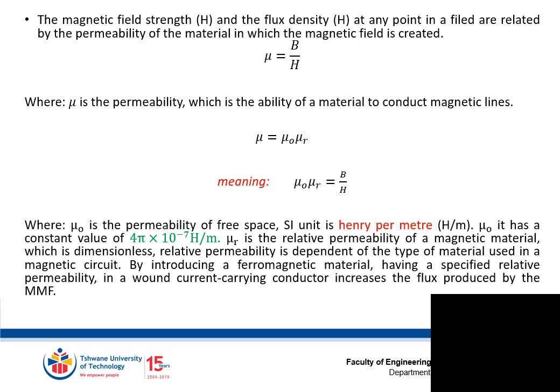Relative permeability is dependent on the type of material used in a magnetic circuit. Inserting a ferromagnetic material having a specified relative permeability in a wound current carrying conductor increases the flux produced by the MMF.